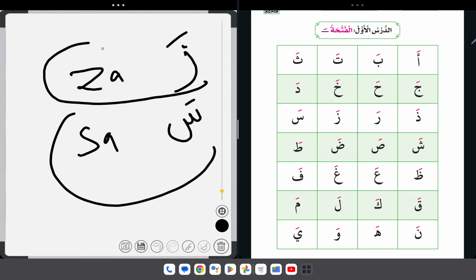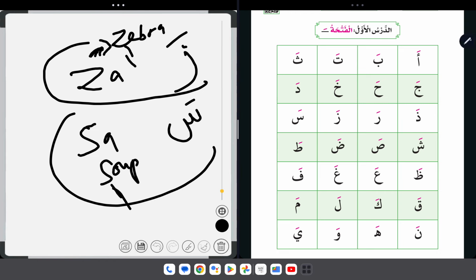Okay. So za, for example, we have when you want to pronounce zebra, so z is what, and when you want to pronounce soup, so c. Z, c. Look at the difference. Okay.